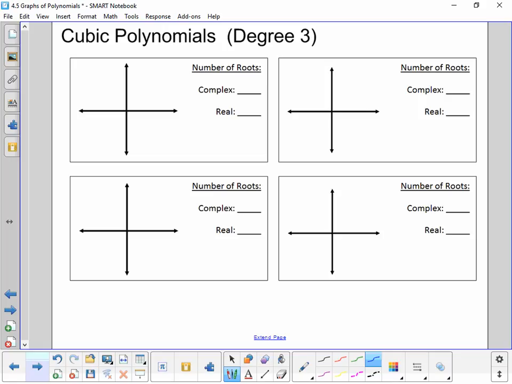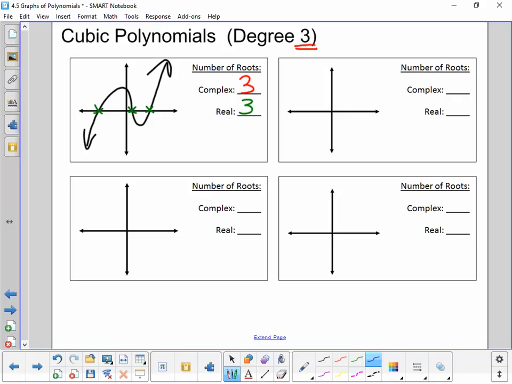So I want to just think about cubic polynomials for a minute and what sorts of possibilities we might have. We've graphed quite a few that have this sort of generic cubic shape. And because it's degree 3, I know that there are 3 total complex roots. And if I look at the graph of this function, I can see evidence of 3 real roots.